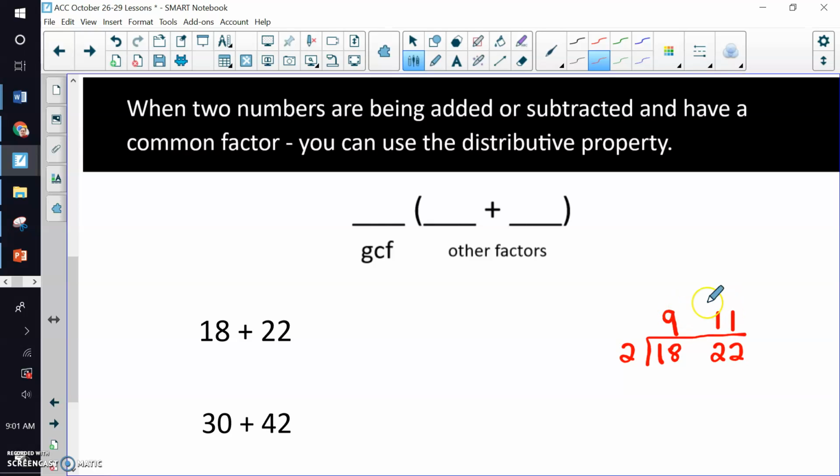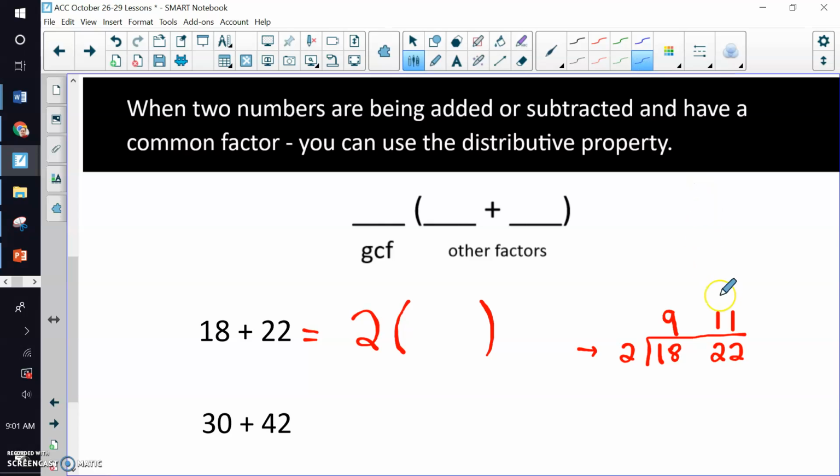Well, 9 and 11 don't have any more common factors. So we're done here with our division process. Our GCF is our factor. It's the only factor that's common. So this would go into our first place right here. This is the place where our factor goes. And we are multiplying by a sum of the other two factors.